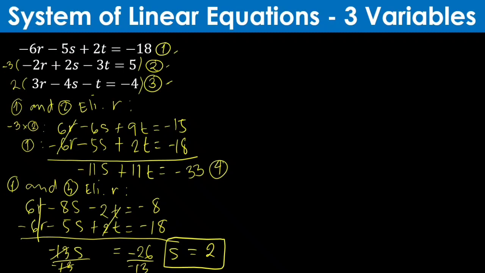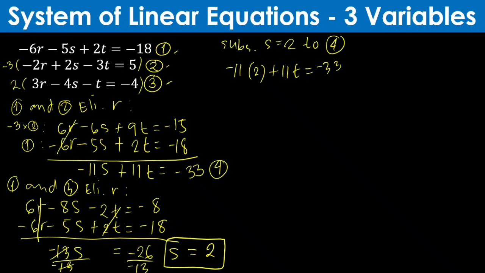We substitute s equals 2 to equation number 4. So we're going to have negative 11, change the s to 2, plus 11t equals negative 33.